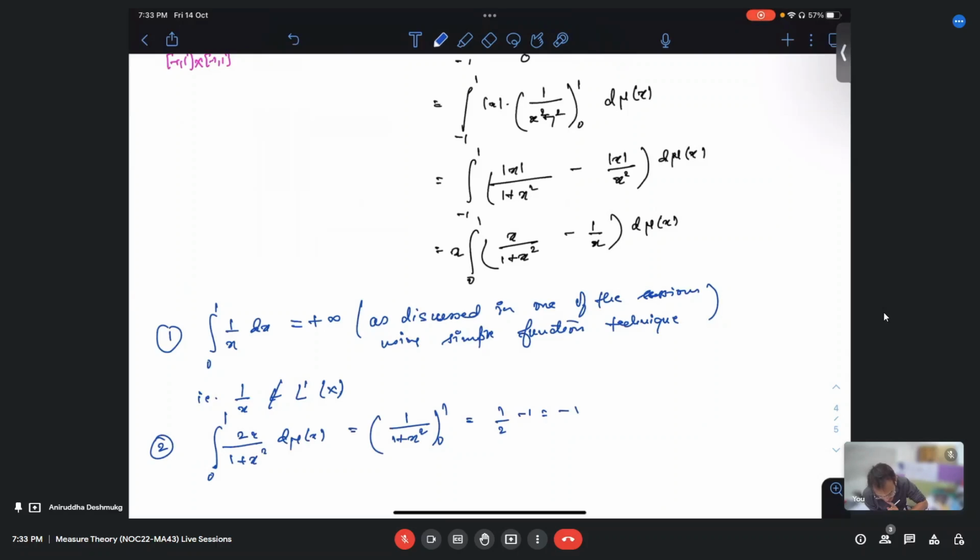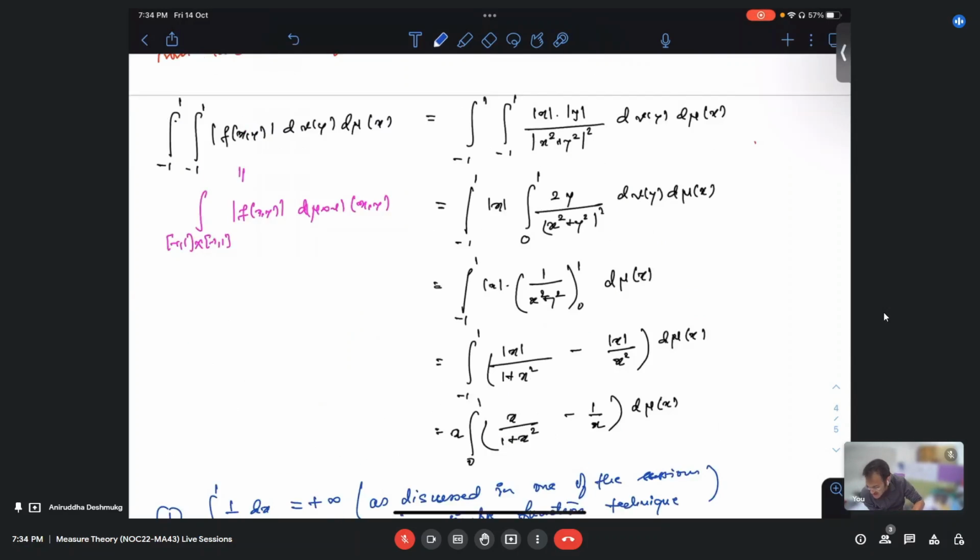No, there is some issue. What is the thing? Oh, yes. Even here, I think I missed a minus sign somewhere, because the derivative of this is minus.